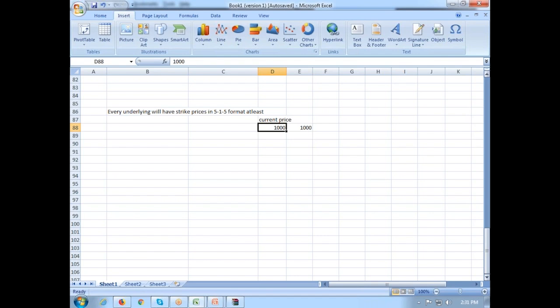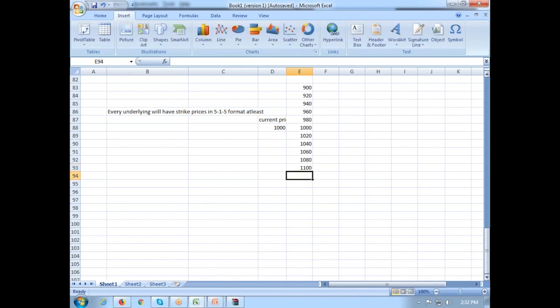Then there will be 1000, then 980, 960, 940, 920, 900, and 1020, 1040, 1060, 1080, 1100.